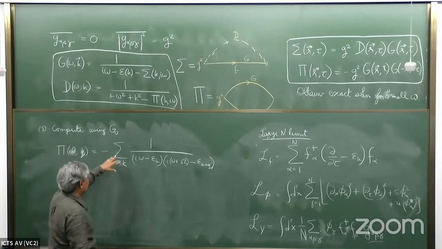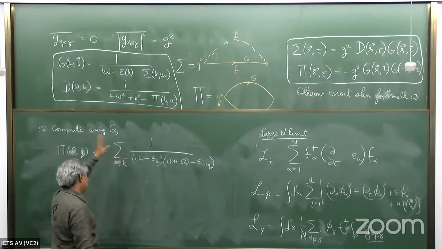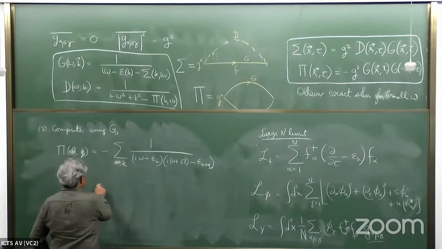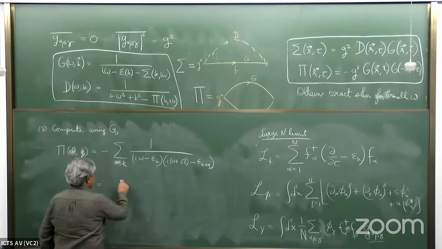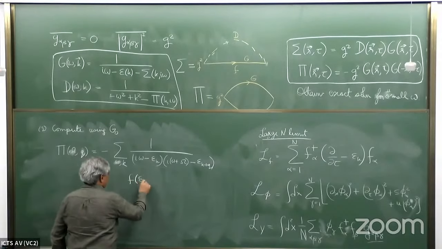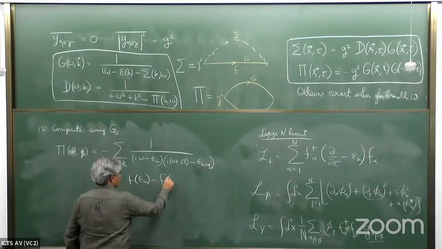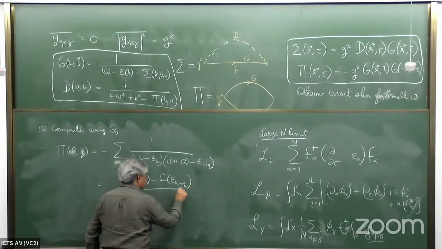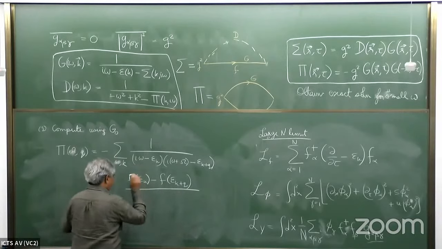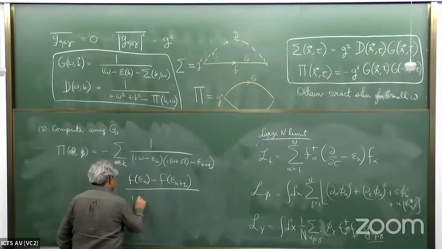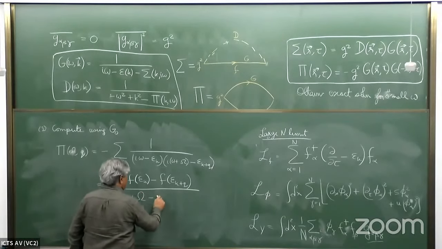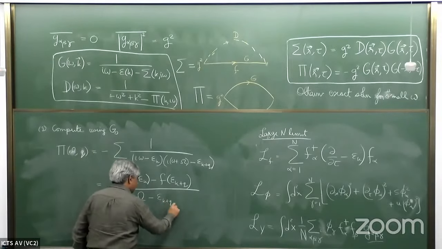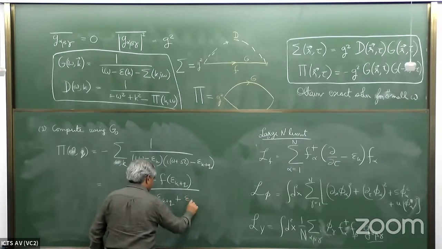Now you can do the sum over omega, and then you get the Lindhard function, f of epsilon_K minus f of epsilon_{K+Q}, and I will not try to get the sign right, over i capital omega minus epsilon_{K+Q} plus epsilon_K.